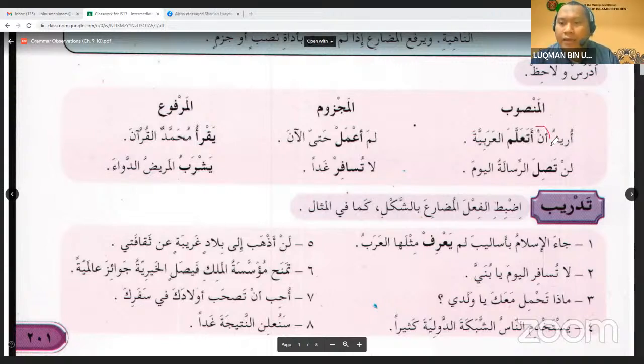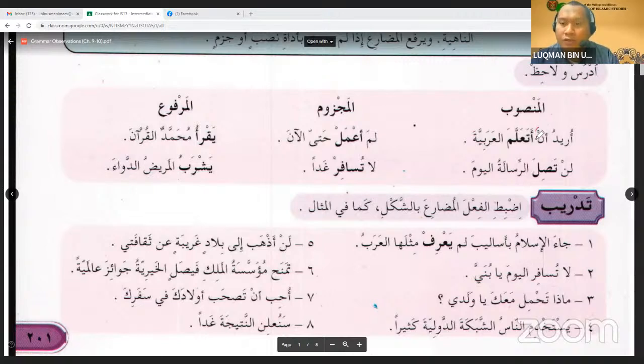This an is resorted to usually when you use two verbs succeedingly. So here the first verb is uridu, I want. The second verb ata'allama, learn. I want to learn. So you cannot use it directly without using this particle an.